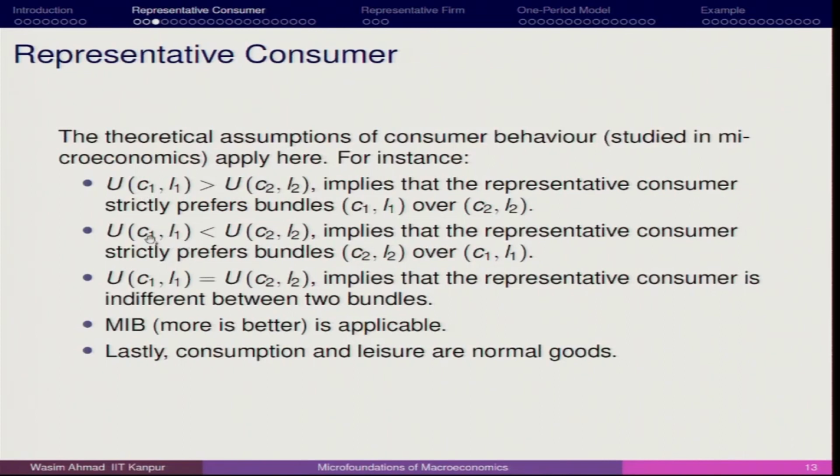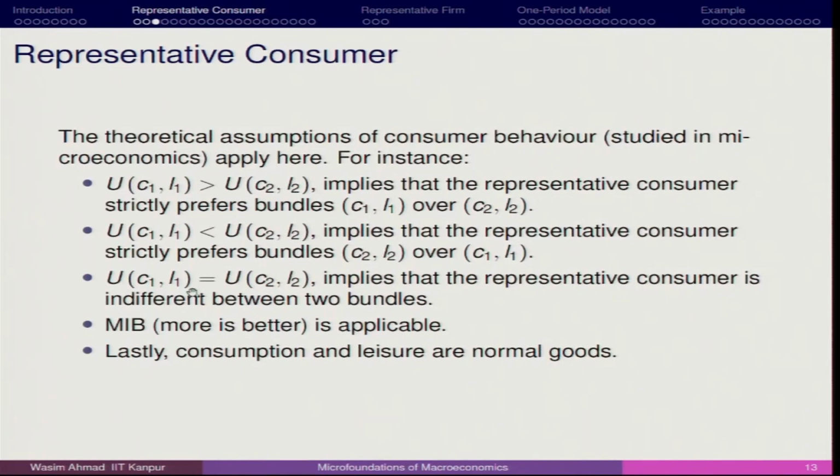Similarly, if U(C1, L1) is less than U(C2, L2), this is the opposite case, which means that the representative consumer strictly prefers bundle (C2, L2) over (C1, L1), and this implies that this particular bundle gives more utility. But these two inequality conditions are not that important for me.